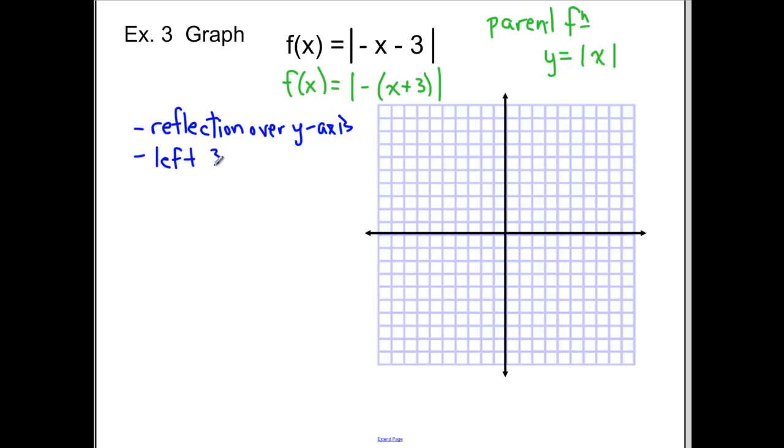And I don't mind if you just say left 3. I know what you're saying. So we'll create our RST chart to help us graph these transformations. This is going to be a simple RST chart, not too much going on here. So my x value and my y value.